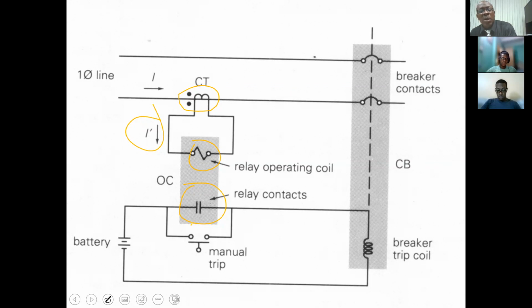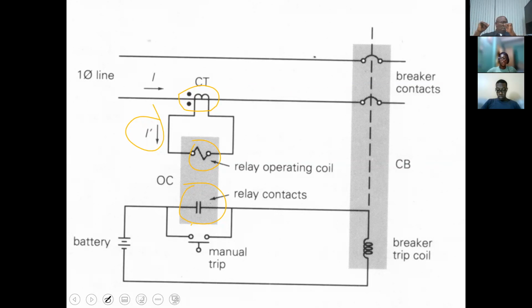Because normally what the relay, and maybe I should qualify this a bit. You remember earlier we said that the relay has predetermined output based on a certain input. We said that earlier. Yes?